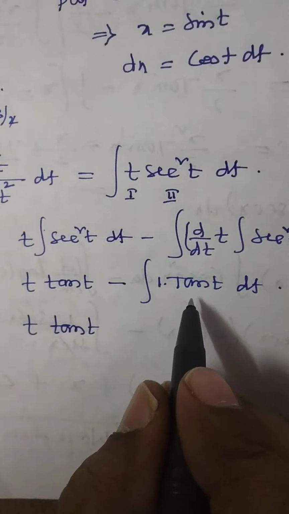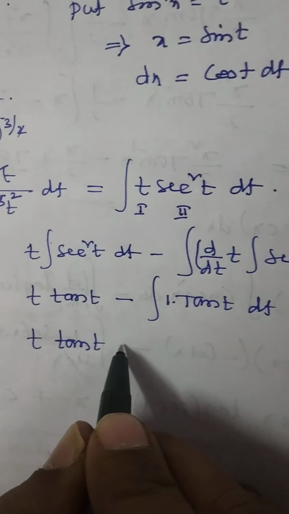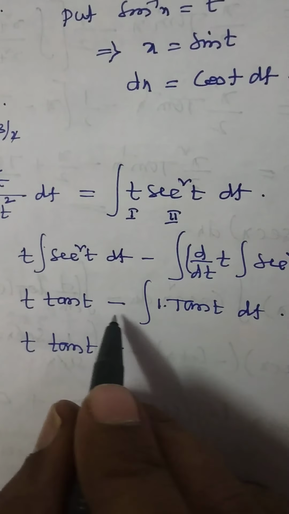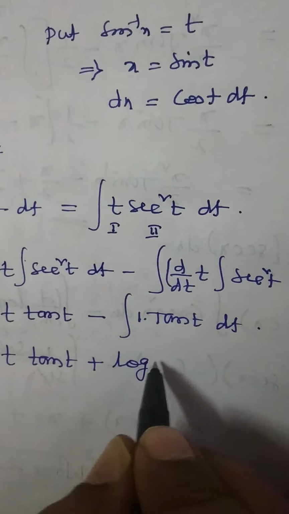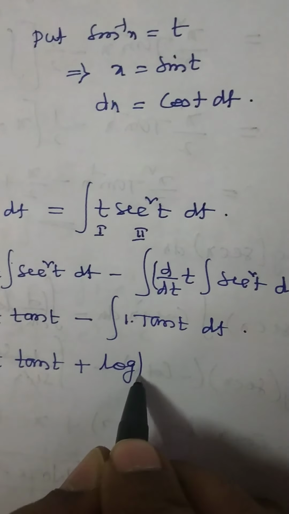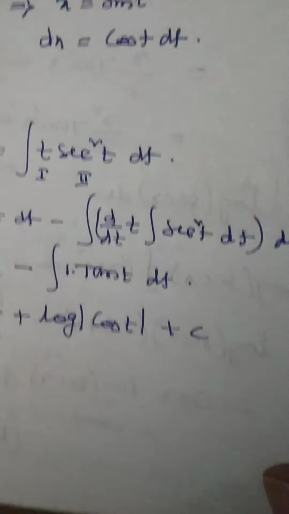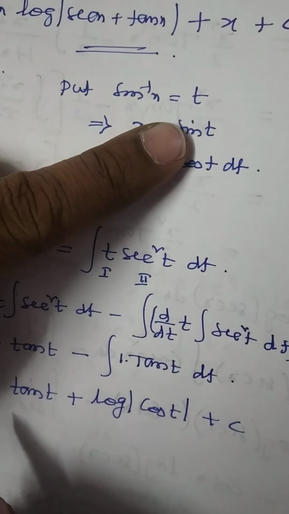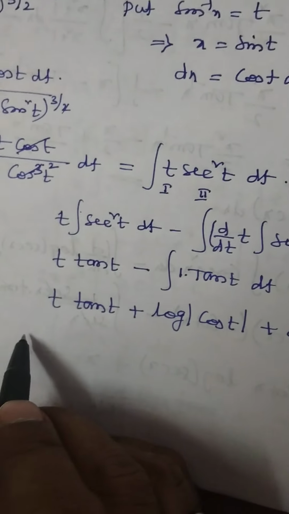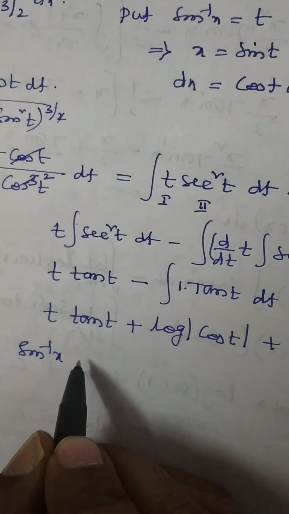now the integration of tan t we know, that is plus, here minus of minus becomes plus, minus log of cos t plus c. Now we can substitute the t value, t is equal to sin inverse x.